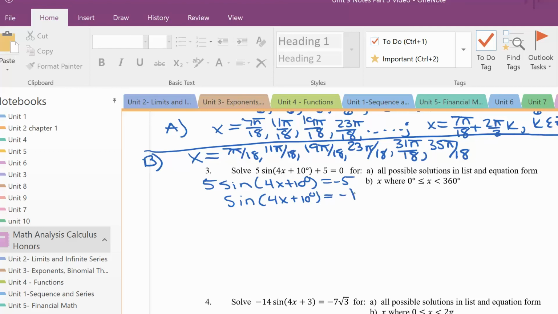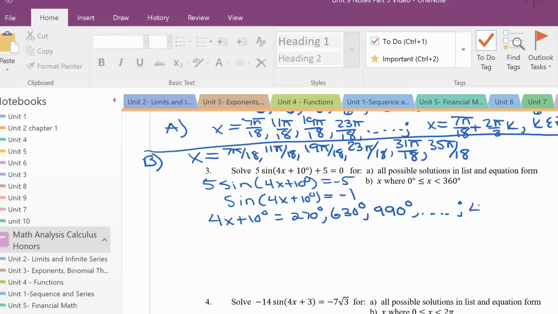Now the sine is -1 at 270 degrees, so 4x plus 10 degrees is equal to 270 degrees. Or if you add 360, it could be 630 degrees. Or adding another 360, it could be 990 degrees, and so on.